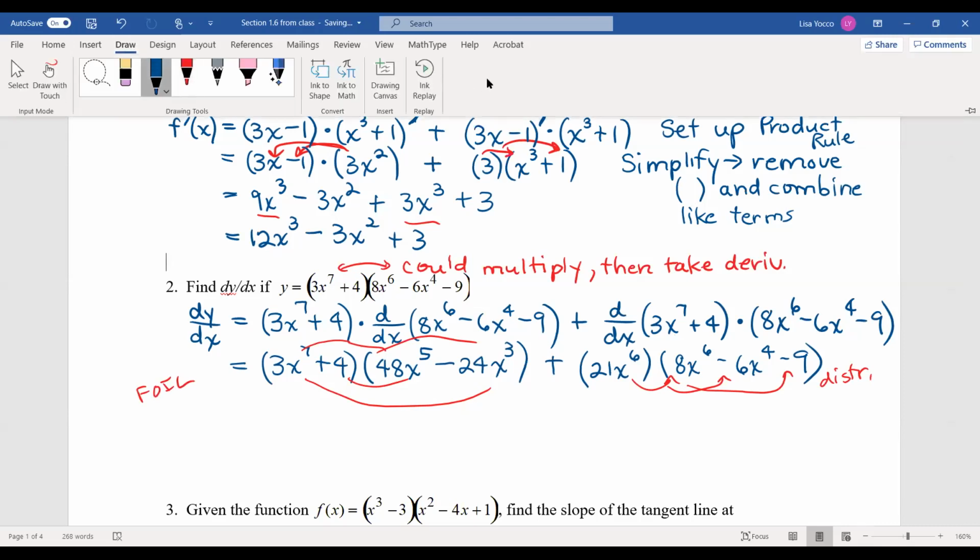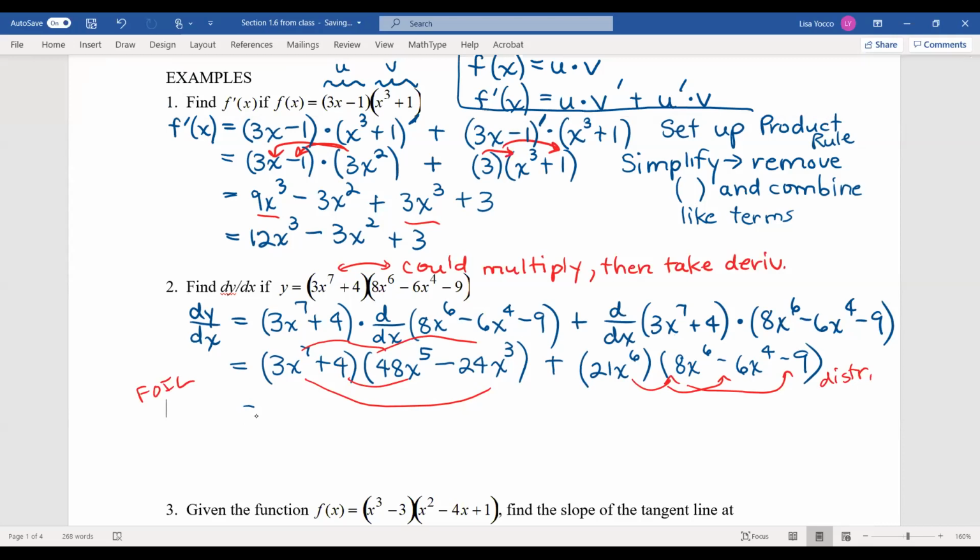And so, let's see, 3 times 48 is 144. x to the 7 times x to the 5th is x to the 12. The outer product, 3 times 24 is 72, minus 72, then x to the 7 times x to the 3 is x to the 10.